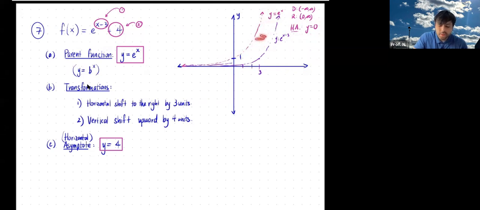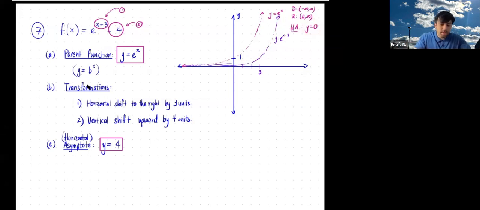If I shift it over by 3 units to the right, horizontally speaking, the asymptote remains y equals 0. But then when I apply the second transformation, I shift everything up by 4. And when I say everything, I mean everything. Every y value goes up by 4. So this y value that's originally y equals 0 is now increased by 4.